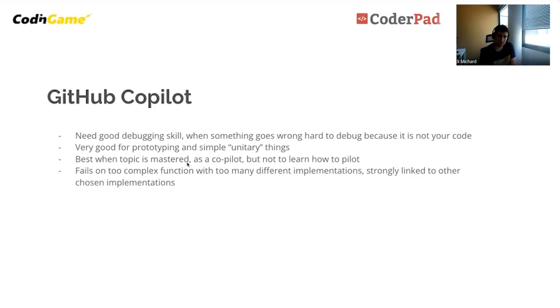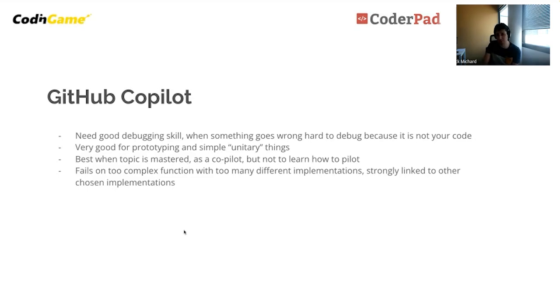I think to use that, you need very good debugging skills, because when something goes wrong, it is very hard to debug because it's not your own code. So you take a lot of time to understand the code, and sometimes it's just easier to remove it and start over. But it is very good for prototyping and very simple unitary things. As you saw with the intersect with triangle, this was a perfect example, a very complex function but very unitary, so it gave great results.